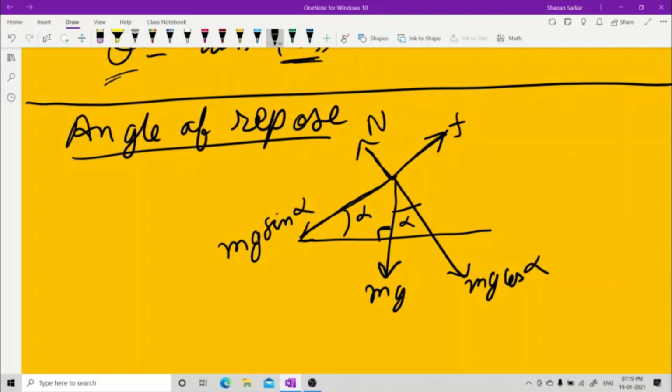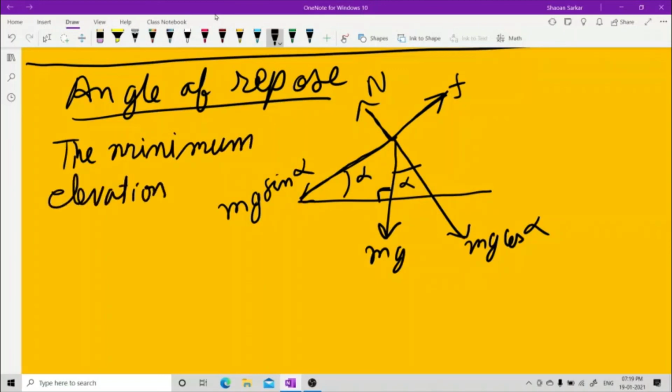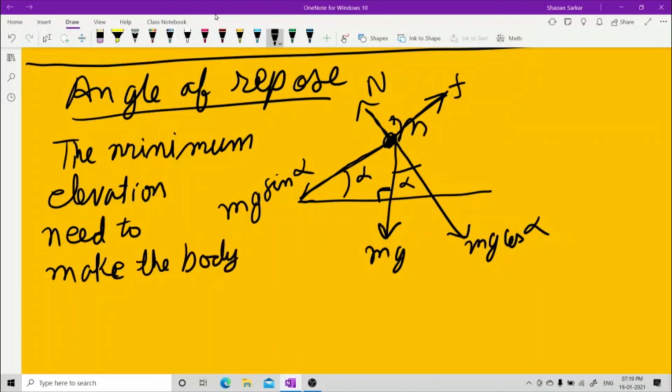Now the minimum slope that I need to give so that the body would just slide. Let me write down the minimum elevation I need to make this body, this mass I'm talking about, slide down the slope.